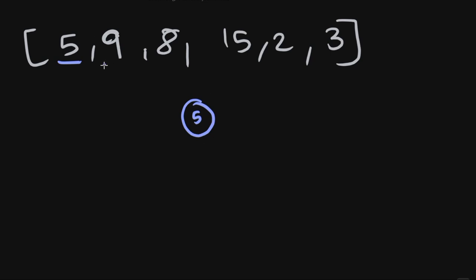Then let's move on to the next element, 9. Here we know 9 is greater than 5, so we have to put this 9 to the right of the 5. Done. Then we got 8. Again I know it is greater than 5, so I will first check with 5. It is greater than 5, go to the right.